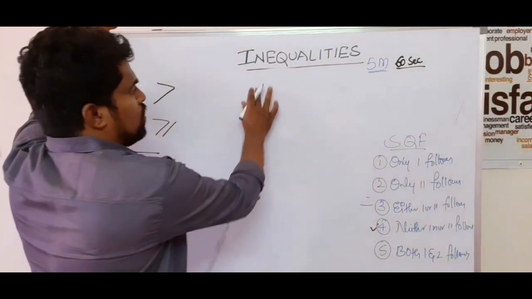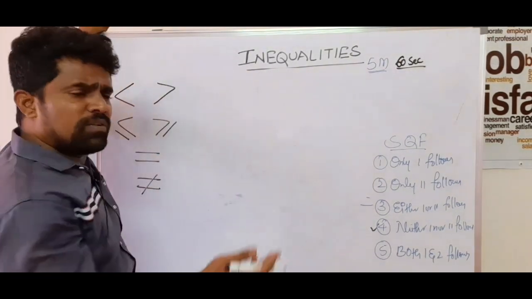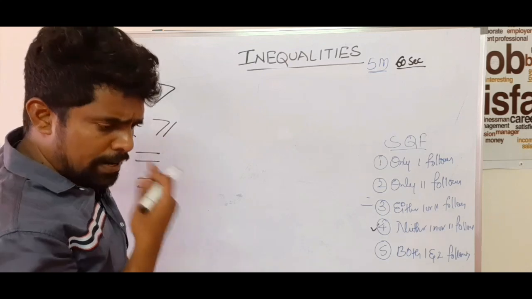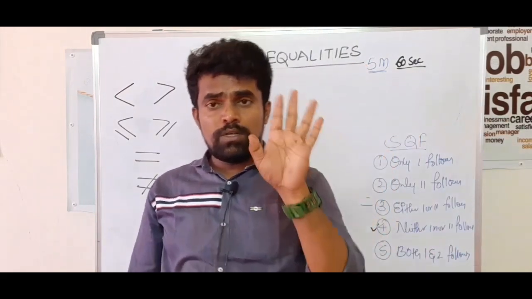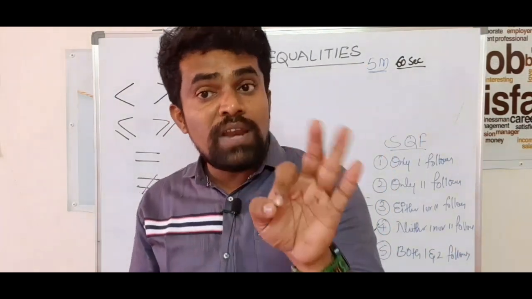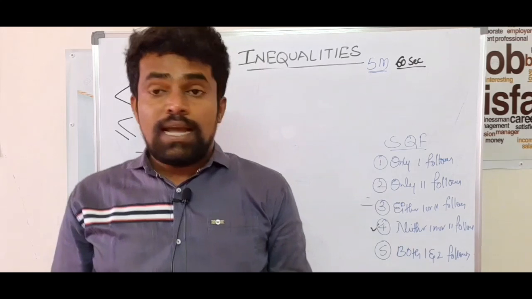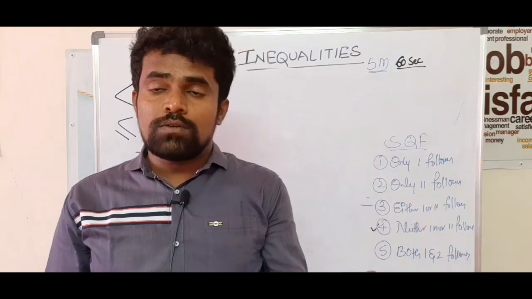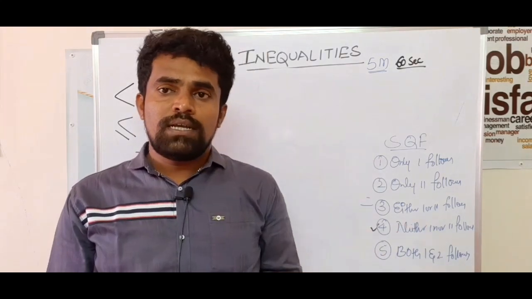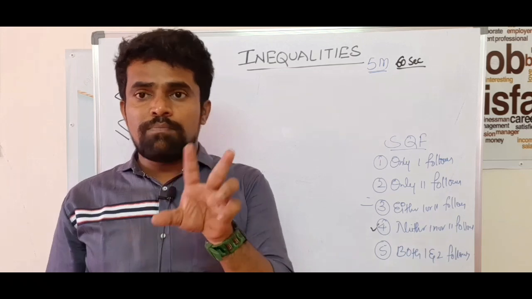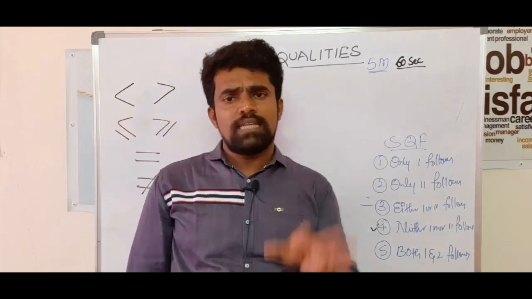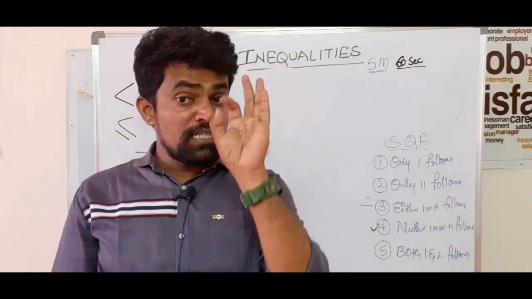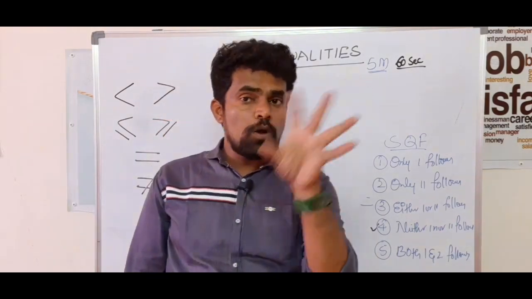In any movie, who plays the vital role? Hero. Absolutely, hero plays the vital role. Hero is the first position, then villain is the second position, and definitely we go for comedy also. So comedy plays the third position, right? These are the three important characters in general in any movie: one is hero, second is villain, and third is a comedian.